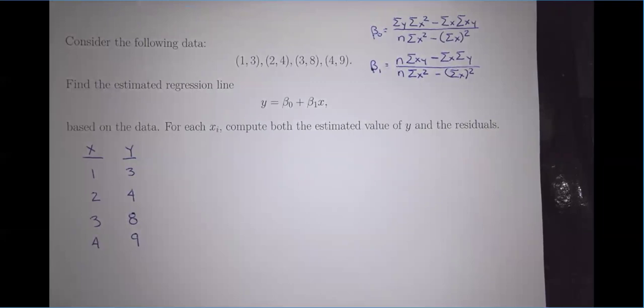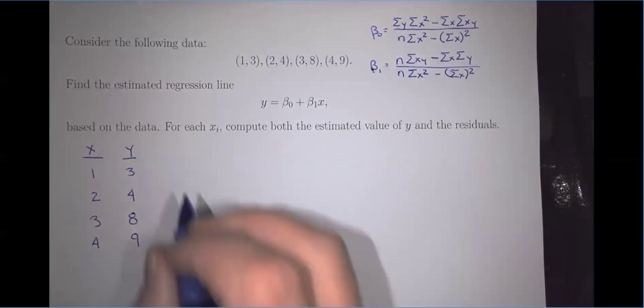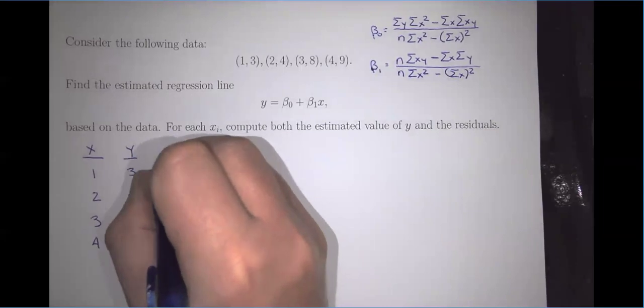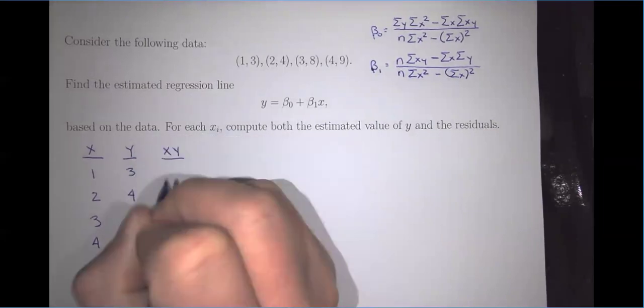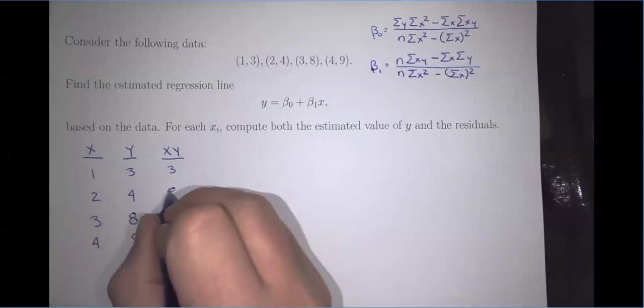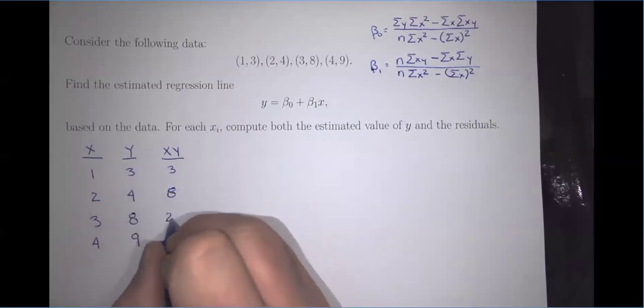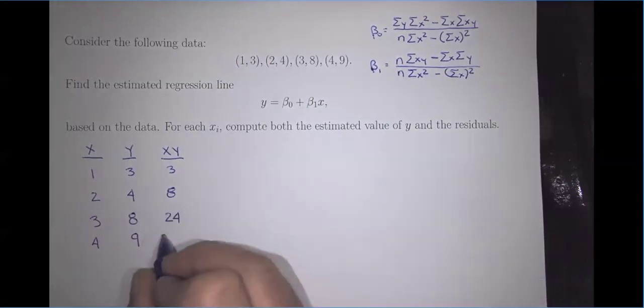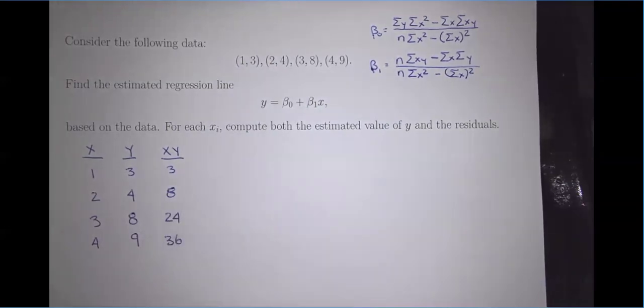Okay, so let's get each of these things set up in our little table here. First thing, let's look at xy. So 1 times 3 is 3, 2 times 4 is 8, 3 times 8 is 24, 4 times 9 is 36.